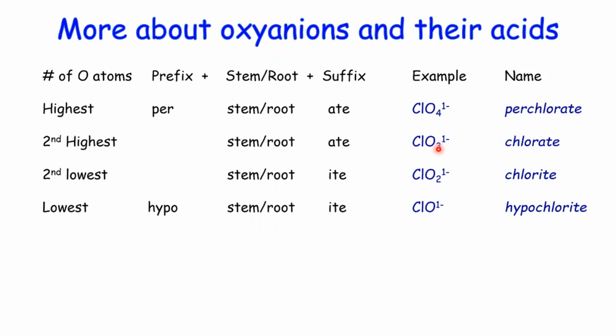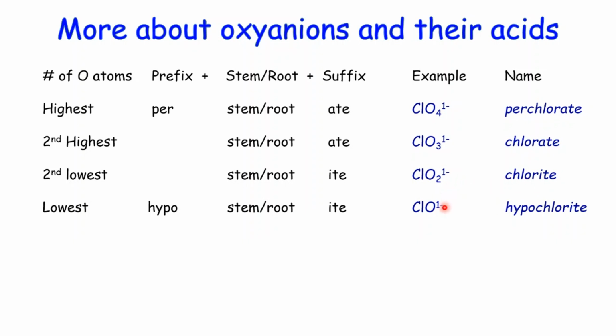And then this one is just chlorate. How about one oxygen atom less than chlorate, or than the one ending with ate? You already learned this. It should be just ite. That's why this one is chlorite.